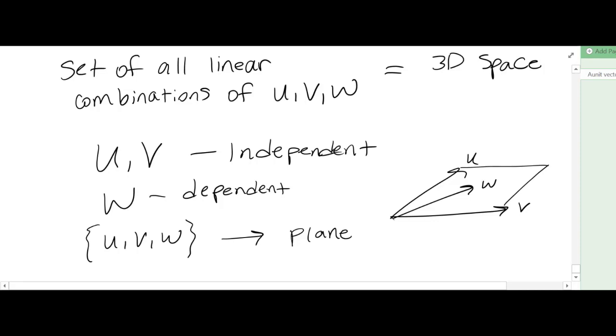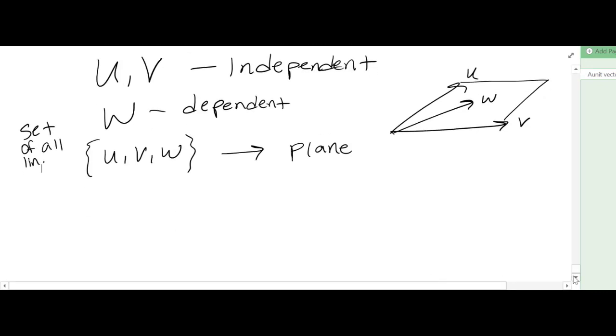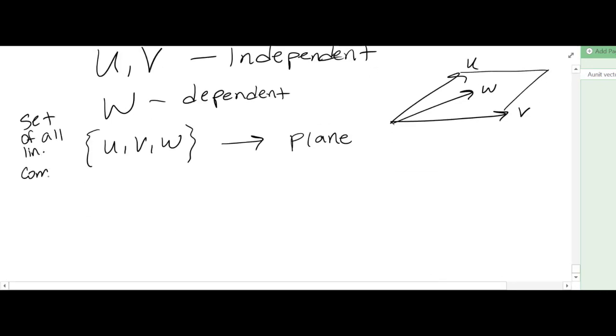You don't have 3 independent vectors. Does that make sense? To answer your question.